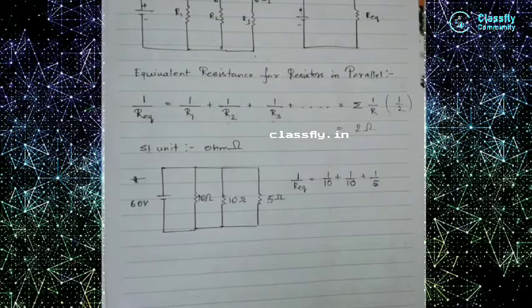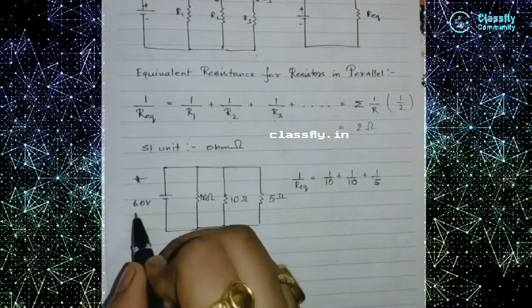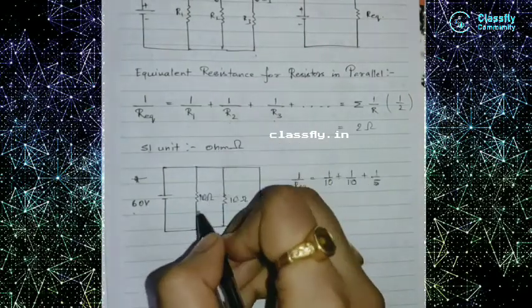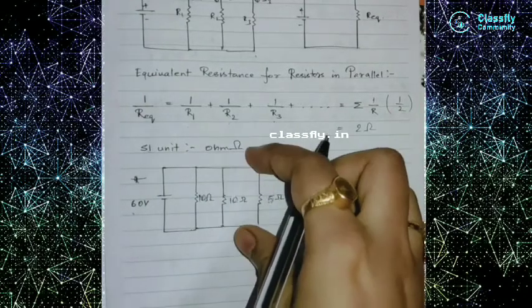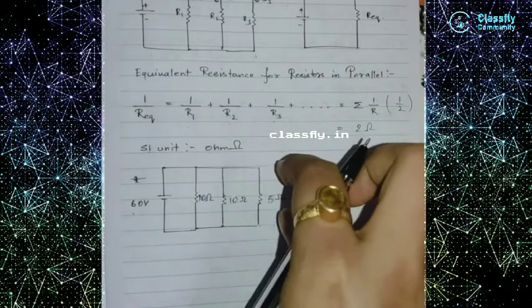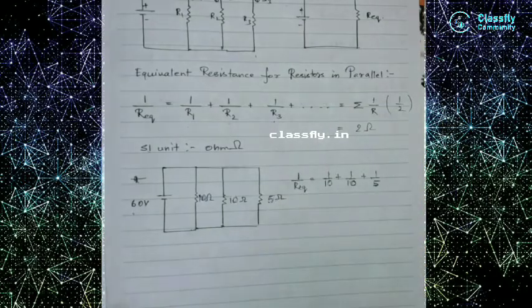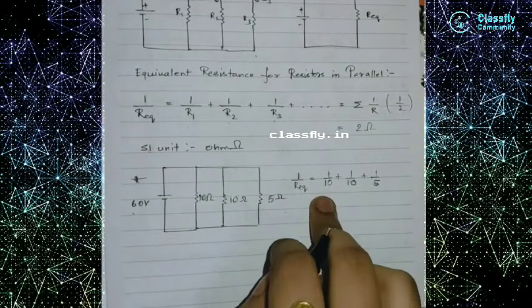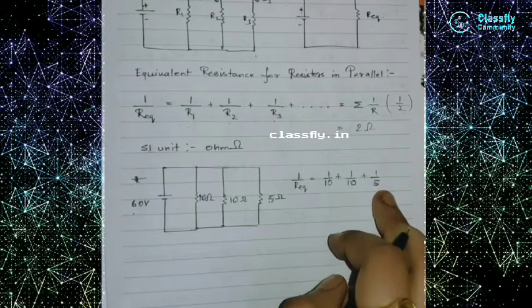Now, let's solve the question. You can see a voltage is provided, that is 60 volts, and the first resistor's resistance is 10 ohm, the second resistor's resistance is 10 ohm, and the last resistor's resistance is 5 ohm. So, finding the 1 by R equivalent, it is 1 by 10 plus 1 by 10 plus 1 by 5.